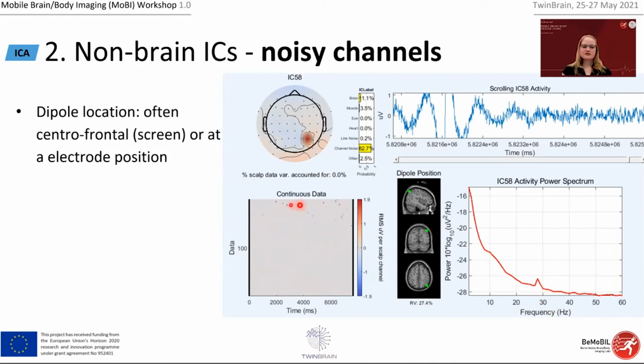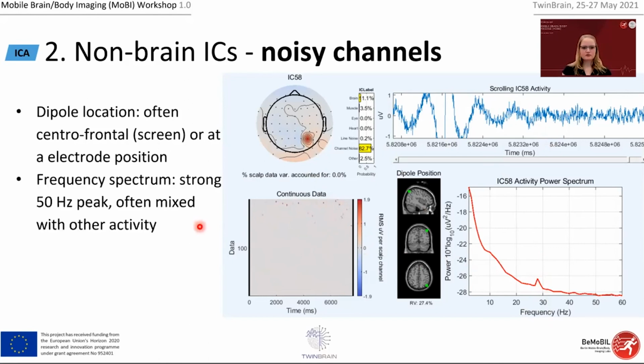And this is actually also driven by some, I would say, mechanical artifacts that disrupt this independent component activation at several times. So this is something that the ICA can dissociate from other activity sources as well.